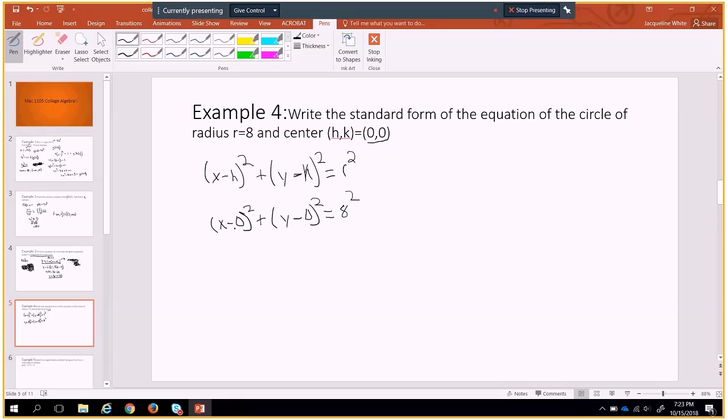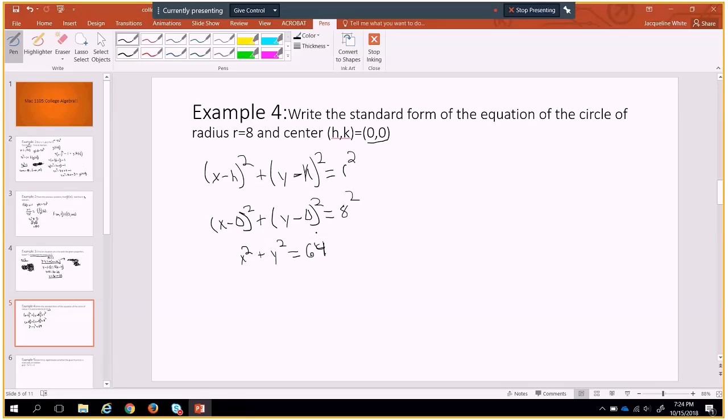So the standard form is x squared plus y squared is equal to 8 squared, which is equal to 64. Okay? So that's the standard form of an equation of a circle.